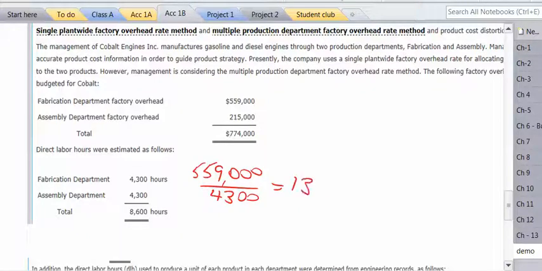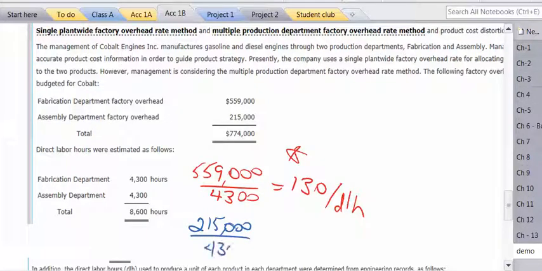That equals $130 per hour. Next, I'll take the assembly department of $215,000, divide it by 4,300 hours, and I have $50 per hour.